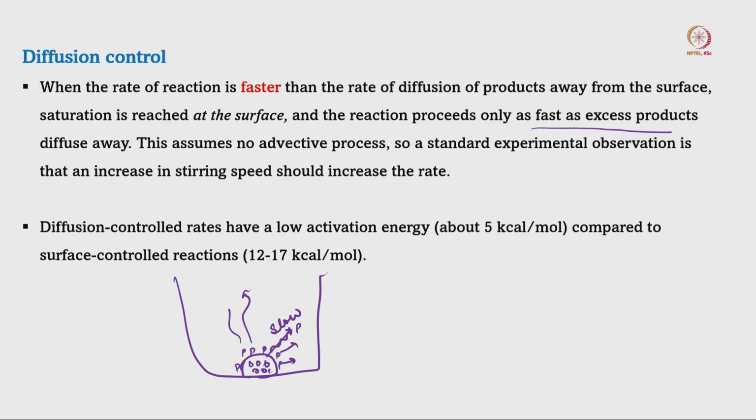So, those are diffusion controlled reactions, where the reaction rate is very fast and is only dependent on how fast the products are moving away or diffusing away from the reaction surface. And in that case, stirring can speed up the reaction. And for diffusion controlled reactions, the activation energy is very low. So, you do not have to heat a lot, as compared to surface controlled reactions whose activation energy values can be very, very high.